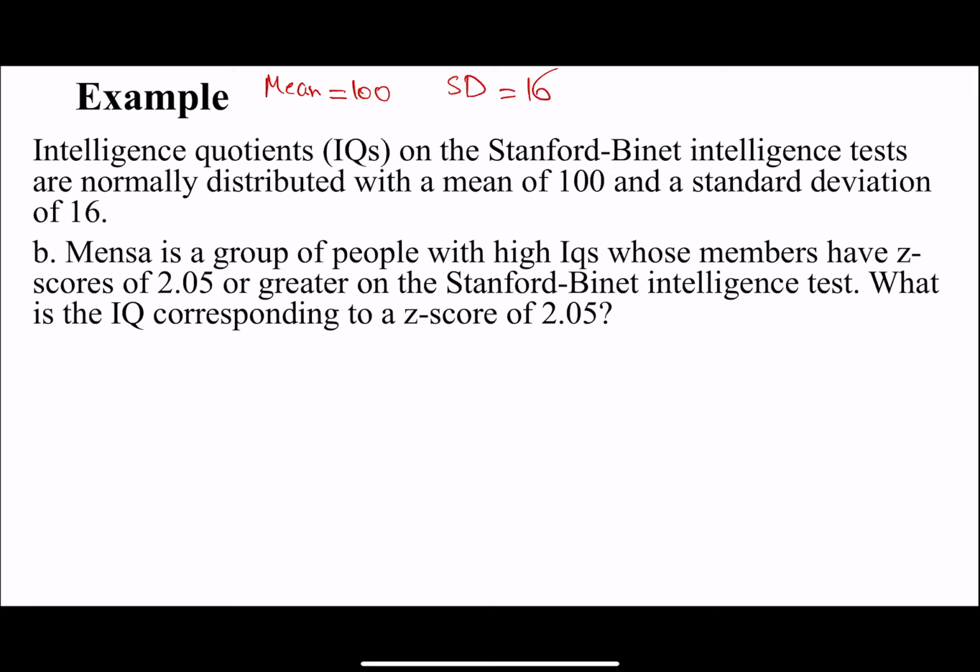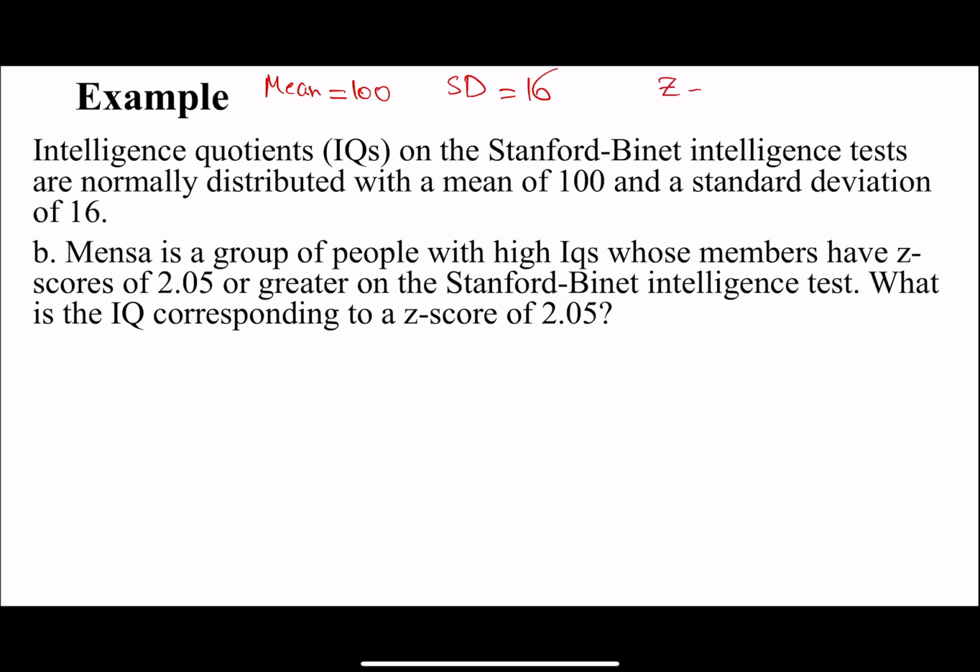Now part B of this question. It says Mensa is a group of people with high IQs whose members have z-scores of 2.05 or even greater. What is the IQ corresponding to a z-score of 2.05?